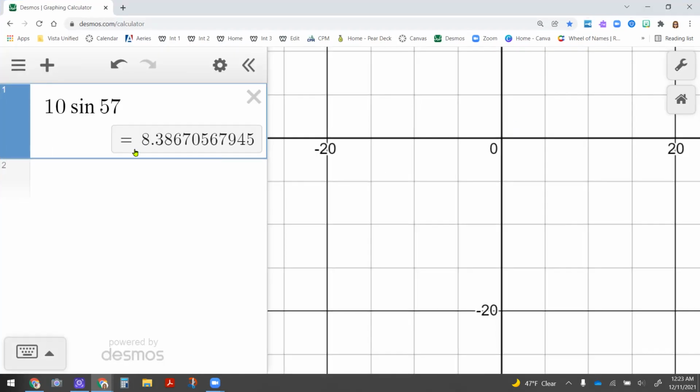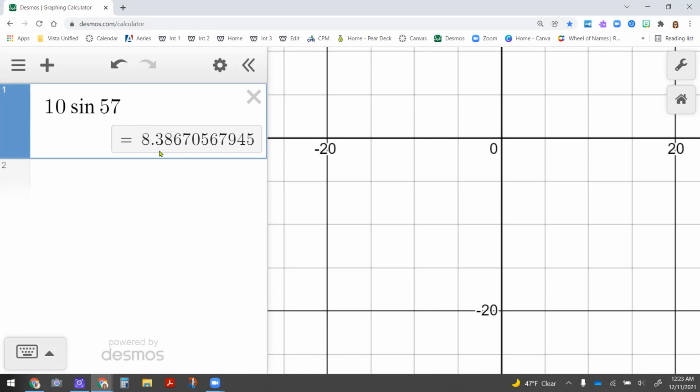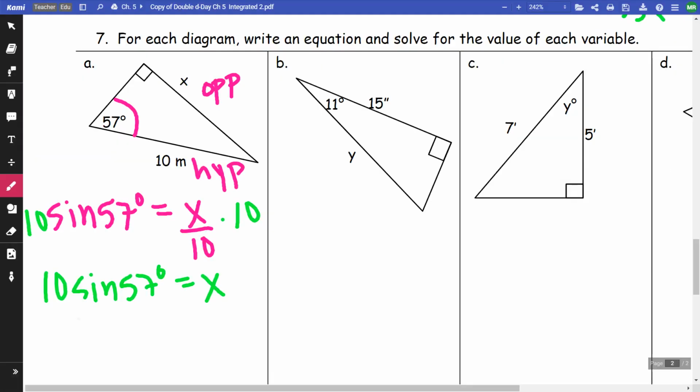And when I do that, I end up getting 8.3867. Let's get the two numbers after the decimal. So 8.39. So this is going to be 8.39 as my answer.